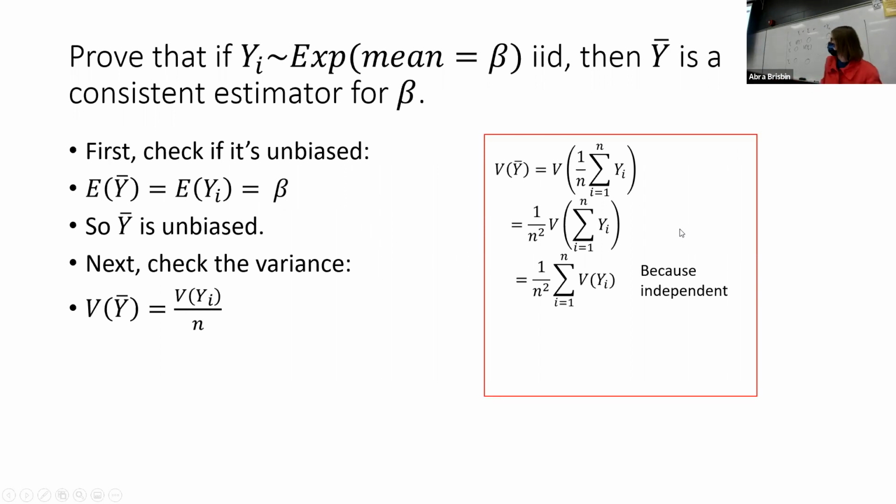Okay, so we have that the variance of y bar is 1 over n squared times the sum of the variances of the y sub i's. But all of the y sub i's have the same variance because they all have the same distribution. So this is just the sum of n copies of the same variance. So that's just n times the variance of one of the y sub i's.